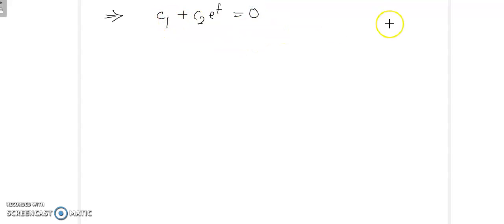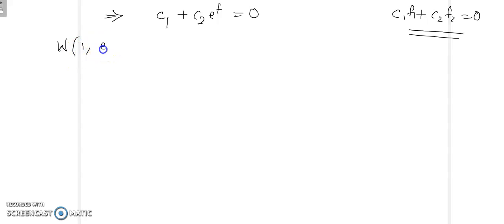So we are given an equation in the form c1 f1 plus c2 f2 equal to 0. So we need to find the values of c1 and c2 which satisfy this equation. That is equivalent to checking whether the functions f1 and f2 are linearly independent. So let us look at the Wronskian of the functions 1 and e raised to t. That is going to be the determinant with rows 1, e raised to t and 0, e raised to t.